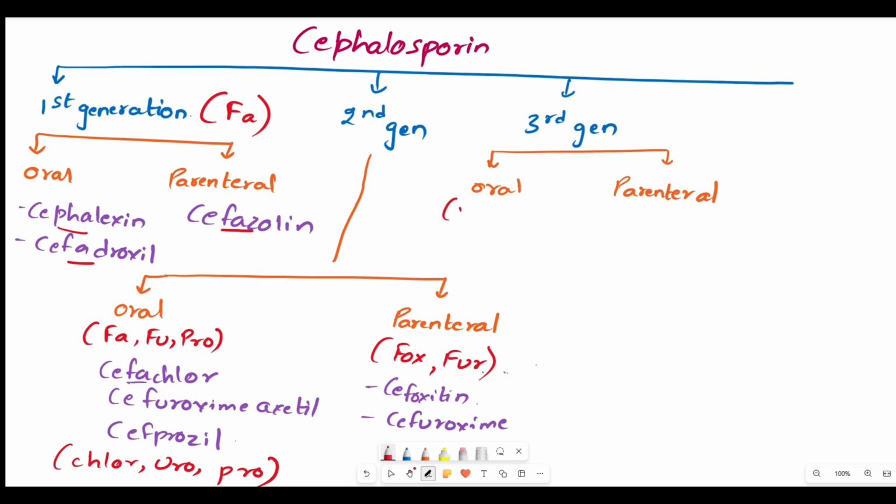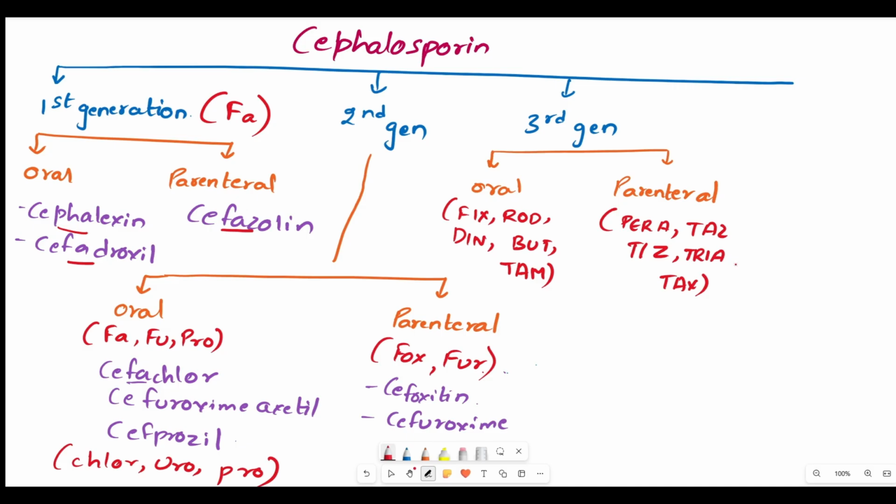Remember them: FIX, POD, DIN, BUT, TAM. Fix, pod, din, but, tam. And in the parenterals, remember it as PARA, TUS, TIS, TRIA, TAX. Para, tus, tis, tria, tax will be the parenteral codes.